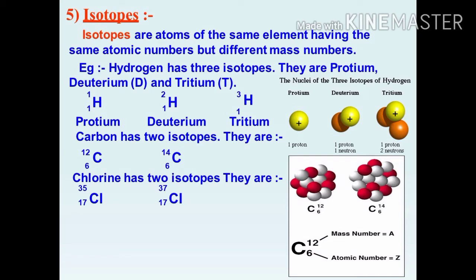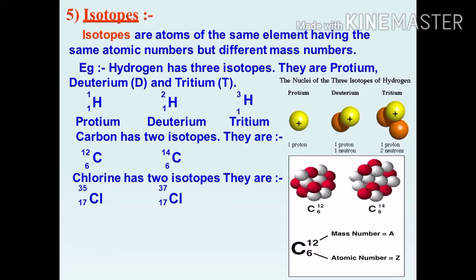Hydrogen has 3 isotopes: protium, deuterium, and tritium. These isotopes are based on the atomic number and mass number. Isotopes means atoms of the same element having the same atomic number but different mass number.